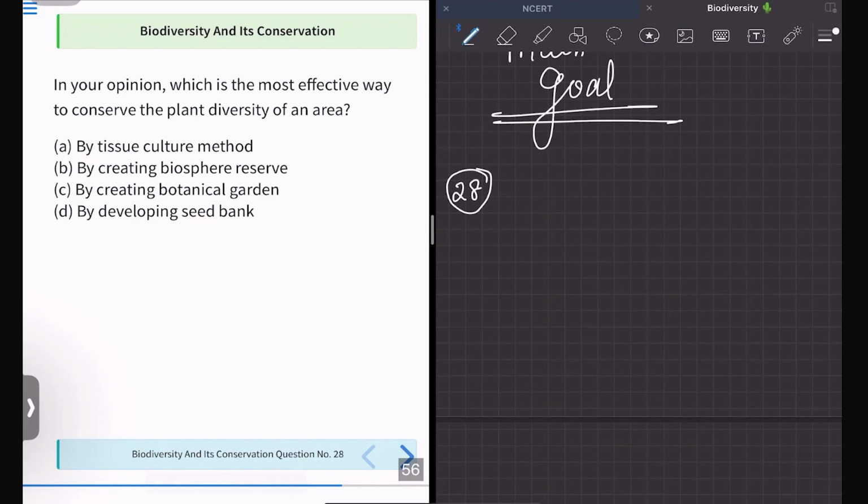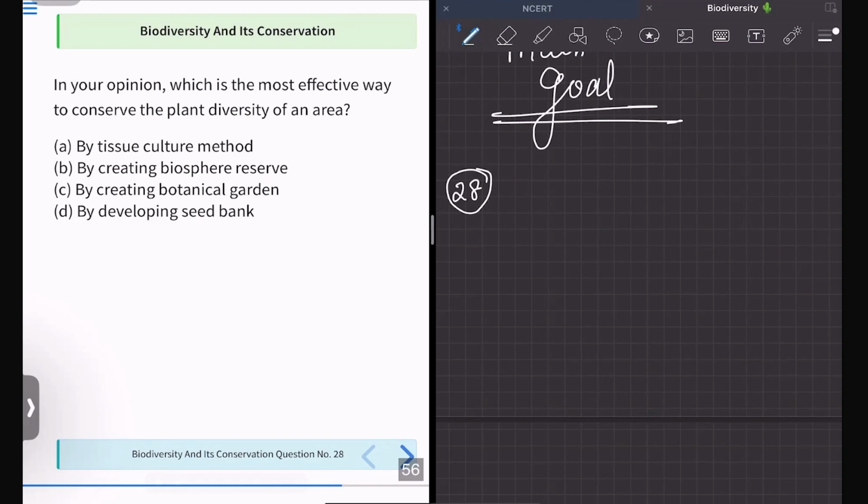Correct. So first, let's see: tissue culture, creating a biosphere reserve, creating a botanical garden, and developing a seed bank. Okay, this is an interesting question. Again, as I have told you, all four are related to the question, and all four can be the answer. But again, we have to find amongst these four which is the most appropriate.